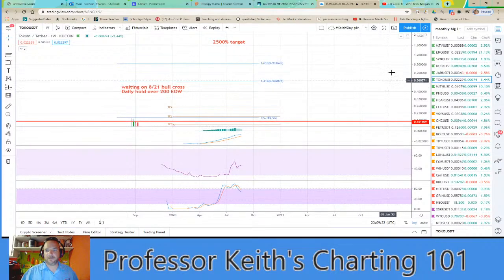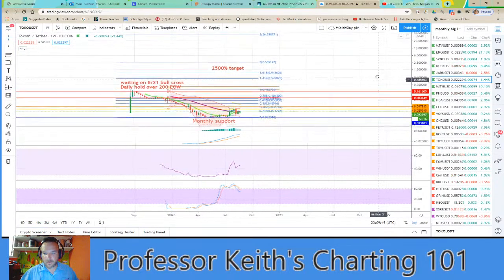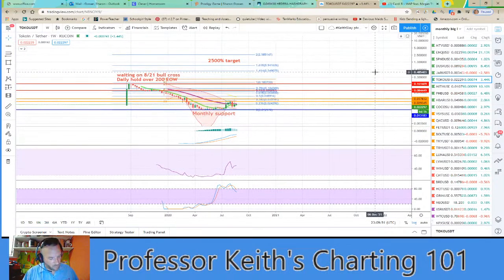Oh, look, it is on here. Okay, sweet. 2,500% target. TKY I did, but not Toko. So Toko has a floor of 1.3 cent, 0.013 floor.